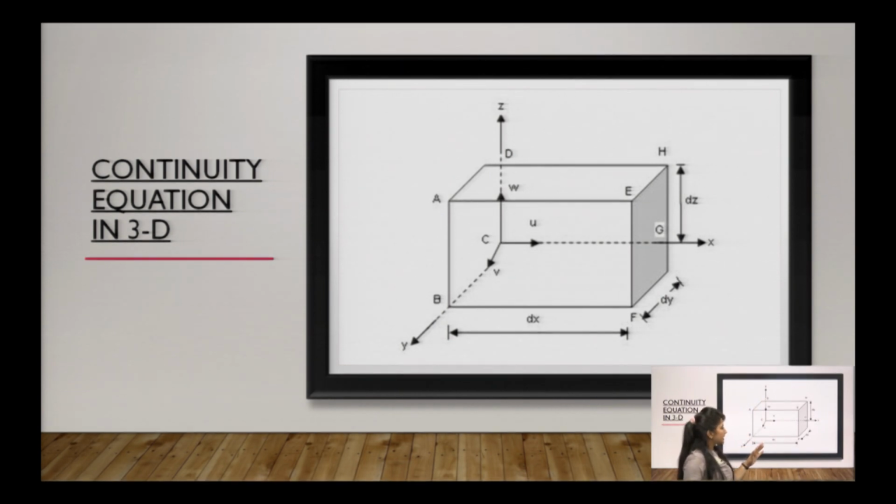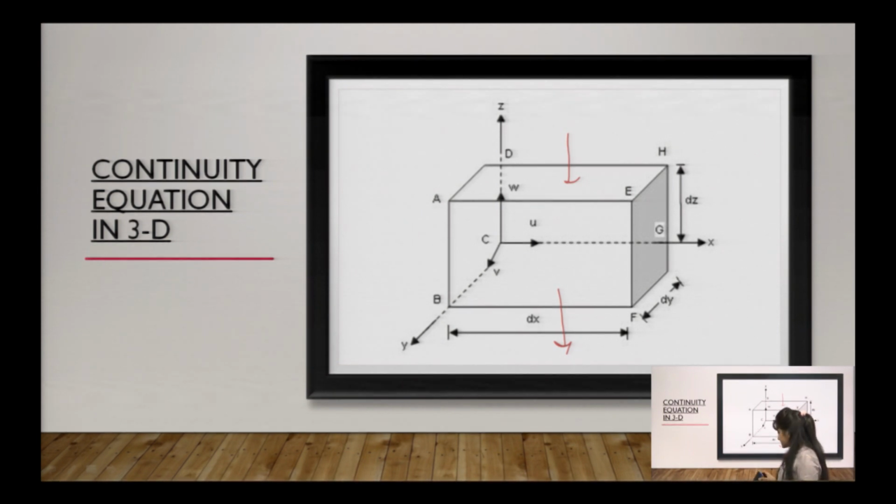We have also taken the velocity component in the x direction as u, in the y direction as v, and in the z direction as w. Now, we have marked the labeling because we need to see what should happen if mass enters through one face and leaves through another face, entering through the front view and leaving to the back one.